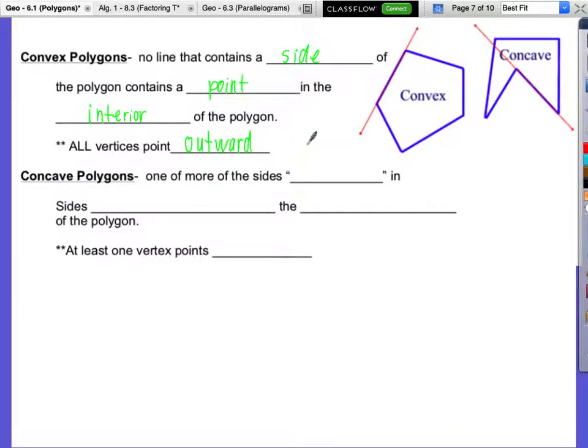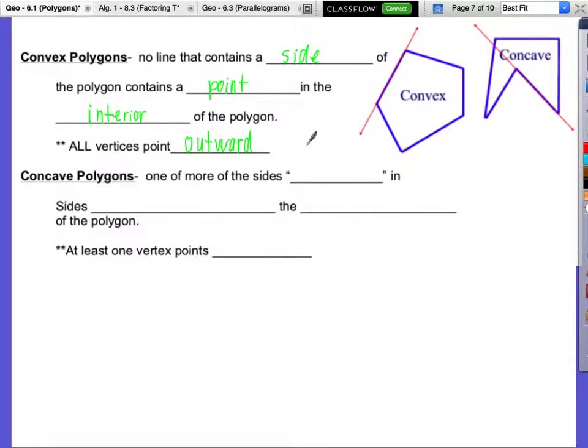We'll talk about this in simpler terms. Just hold on. It'll make more sense in a second. So, first of all, copy what's there, and then we'll talk about the convex one. Then we'll do concave, write it down, and then we'll talk about it.